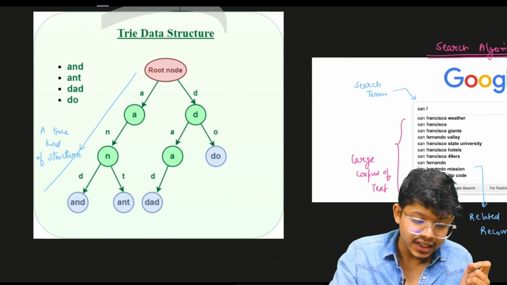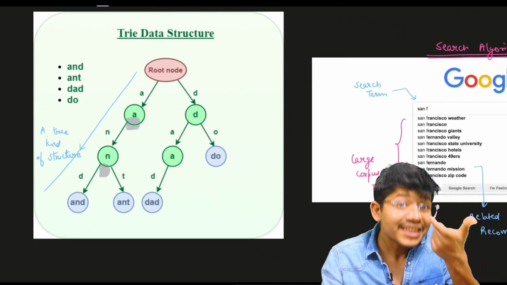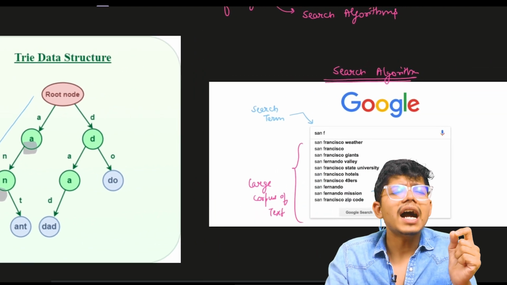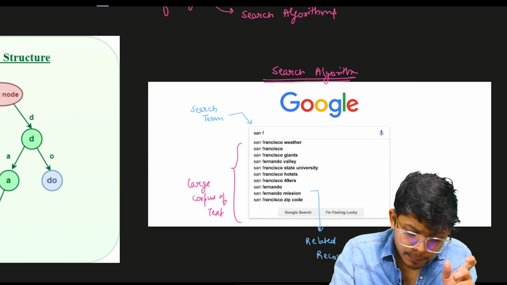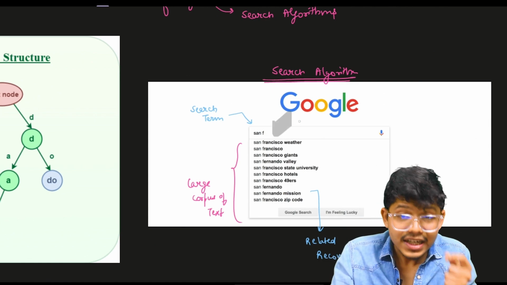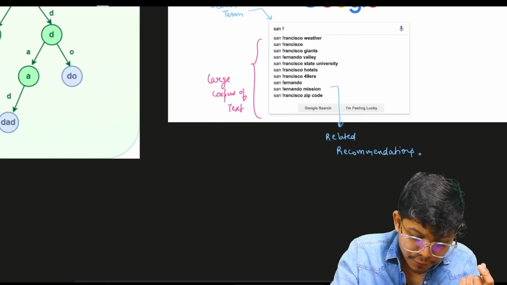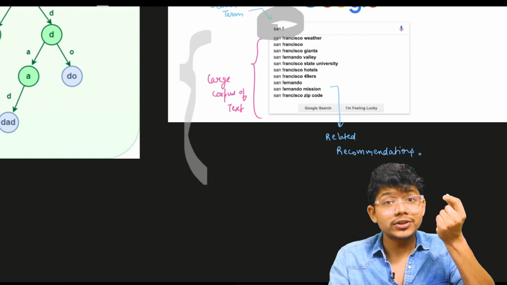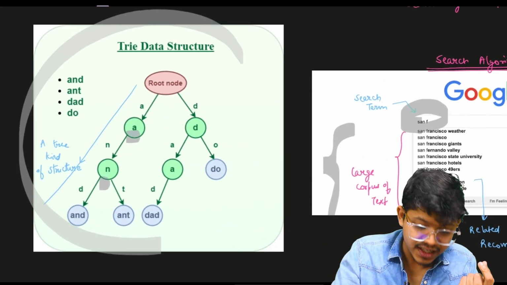But actually every node is a character of a string, and it is very highly used in your search algorithms. Whenever you write any word and you have not completed the word, it shows you a large number of recommendations. These recommendations are actually based on your trie data structure, and thus searching for this string in a large corpus of data becomes very efficient because of this trie data structure.